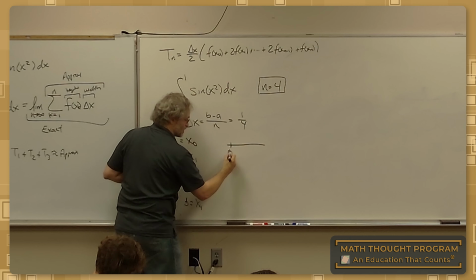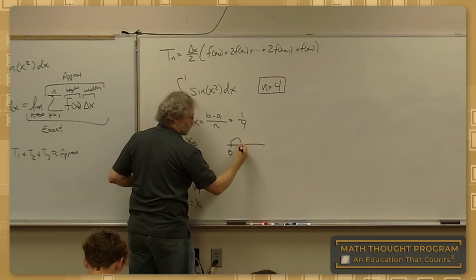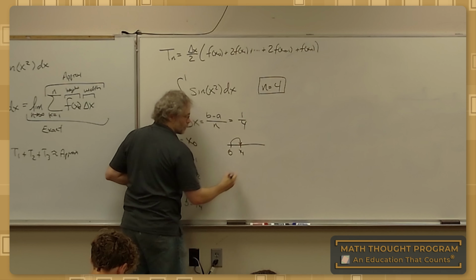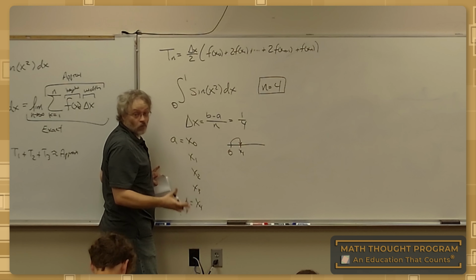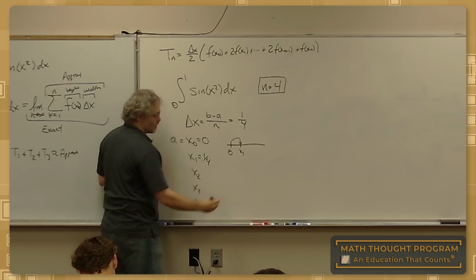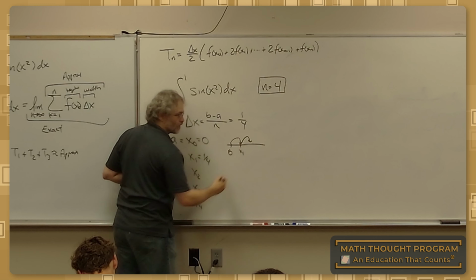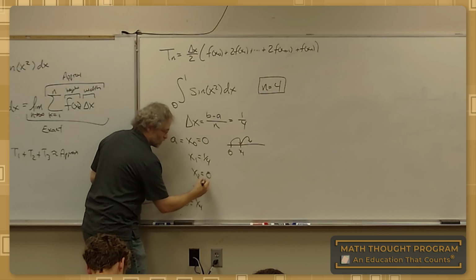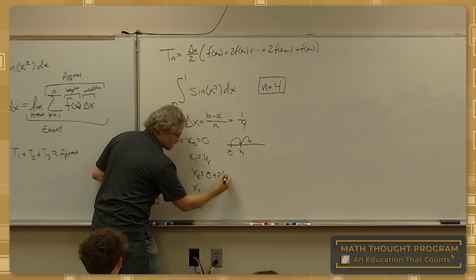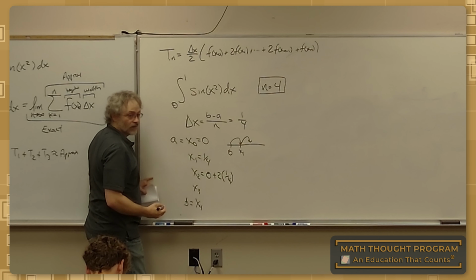So if I start off at 0, and I want to get to the next one, I want a distance of a quarter. Then you go another one over, so you'd say 0 plus 2 times a fourth.